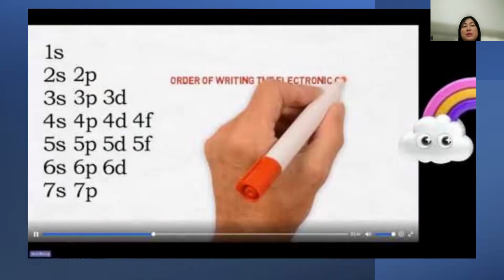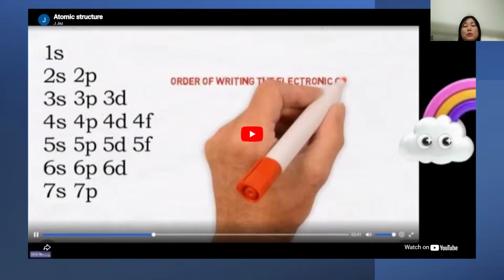The Aufbau principle states that when we are filling electrons, we should fill the lowest energy orbital first, and we follow a certain sequence, and the next one, and the next one. Because of the overlapping, sometimes which is next becomes a little unclear. So if you look at this video, it will teach you how to tell which is the next one.